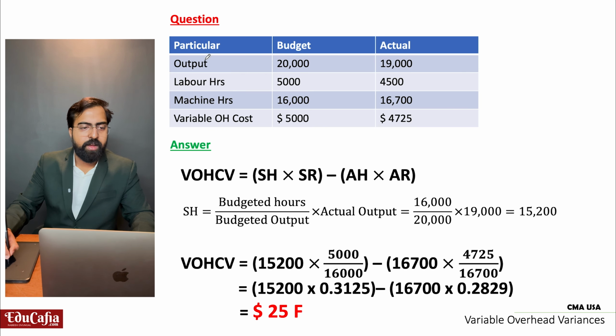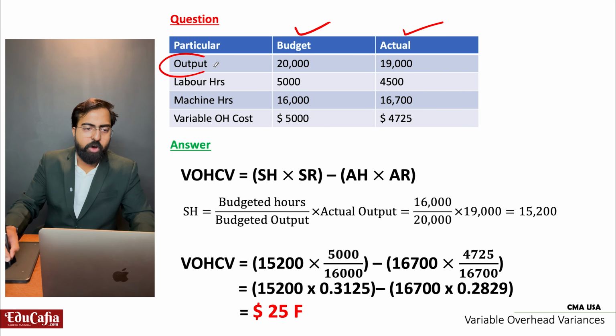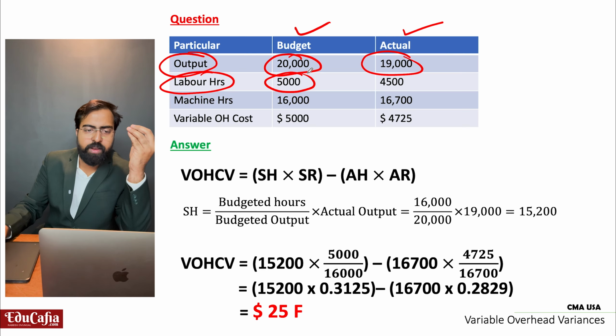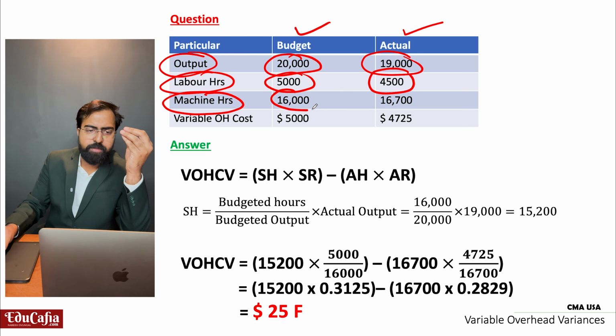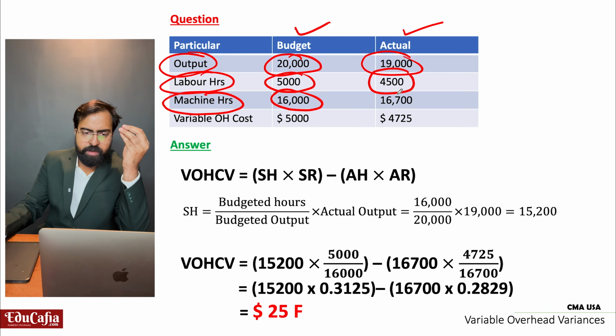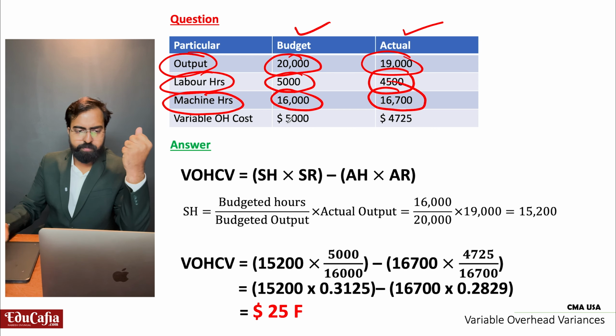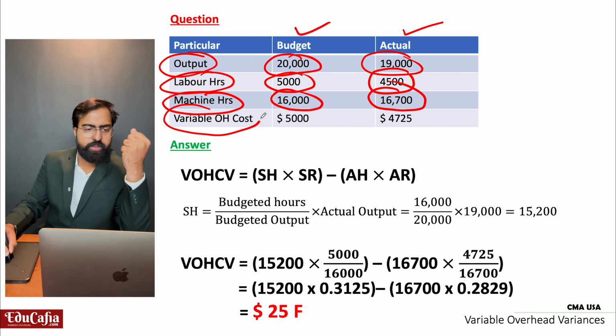Budget and actual are given. Output: we have budgeted 20,000, but actually we got 19,000. Labor hours: we budgeted 5,000 labor hours, but only 4,500 were used. Machinery hours: 16,000 budgeted, but actually 16,700.